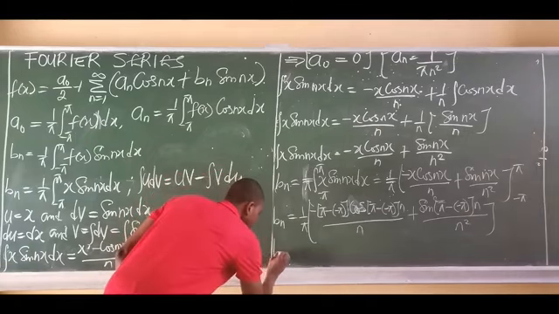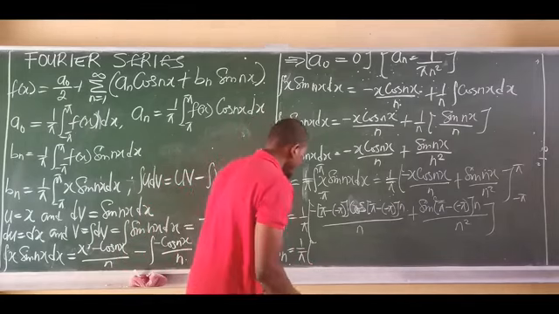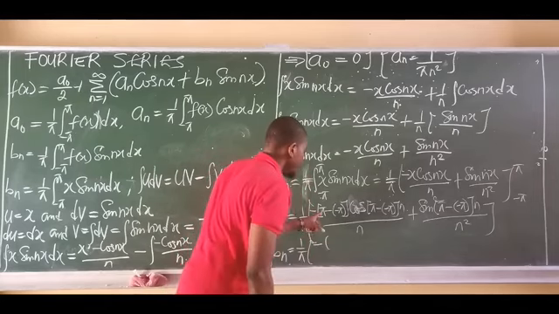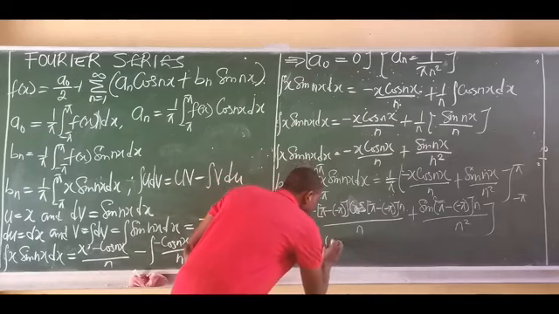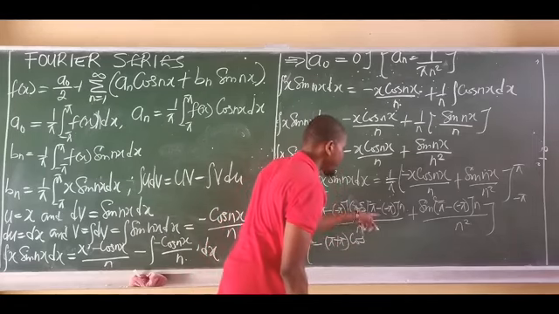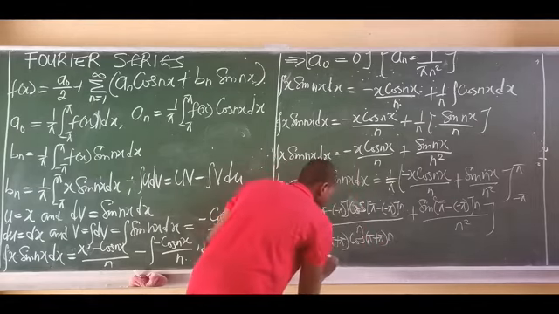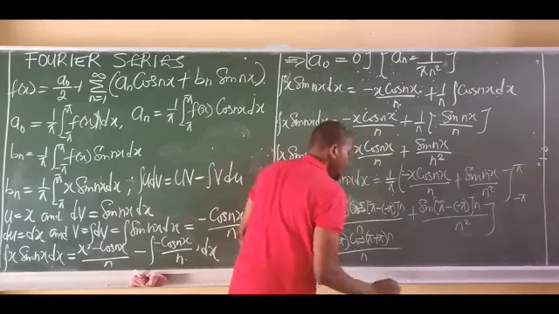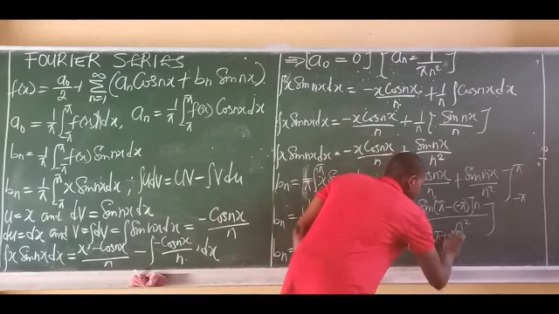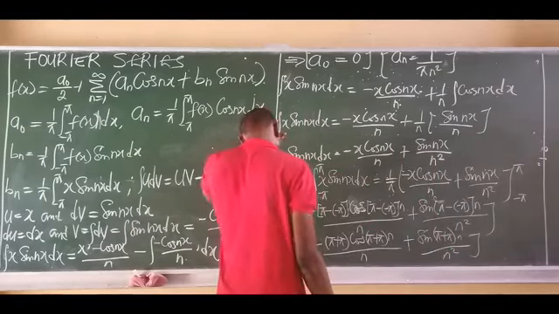So Bn is equal to 1 all over pi into, this is minus, not forgetting there's a negative sign here. Take note, pi minus minus pi becomes pi plus pi. So I have cos pi plus pi times n all over n, plus, similarly, sine pi plus pi times n all over n all squared.